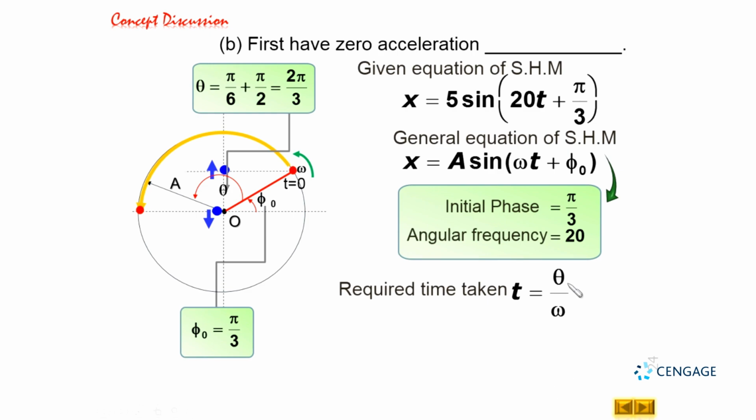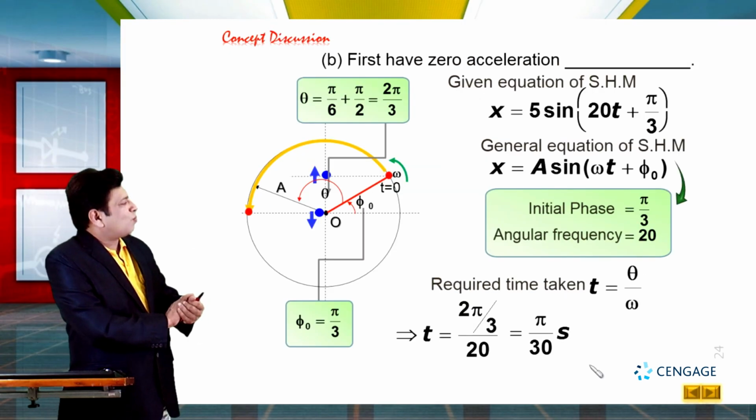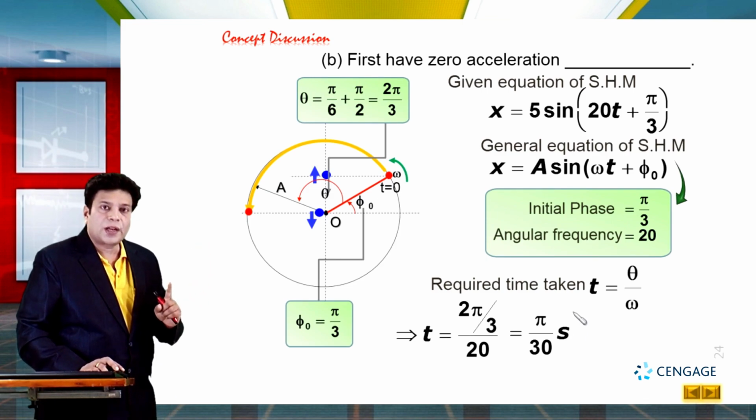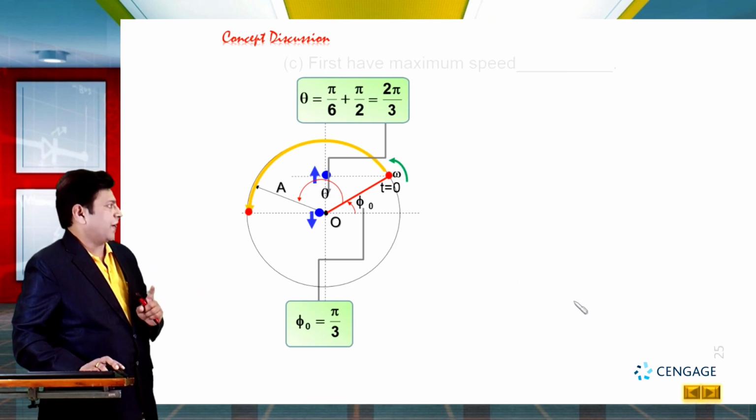Now we can substitute the value of θ here. So t = (2π/3)/20. So this value is π/30 second. That means after π/30 second, this particle first has zero acceleration. Now move to the third part of the question, that is first maximum speed.